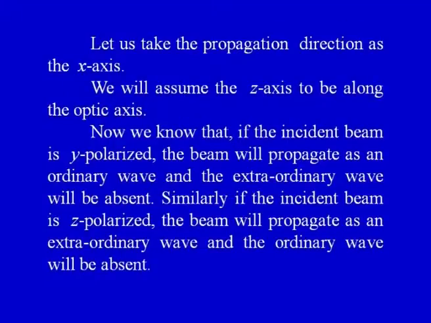In this case, the vibrations are in the zx plane. Similarly, if the beam is z polarized, the beam will propagate as an extraordinary wave, and the ordinary wave in this case will be absent.